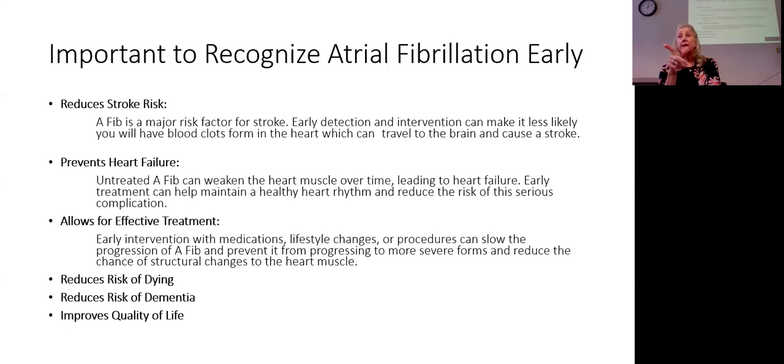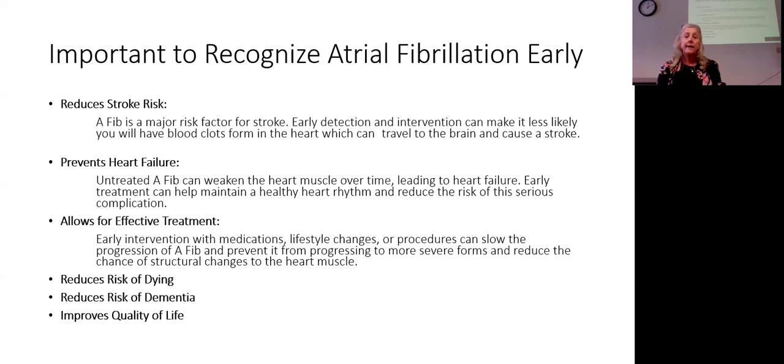That's important to know, because some people don't feel like a fast heartbeat or anything like that. They just feel kind of lousy, right? Have a hard time standing up. It's important to recognize atrial fibrillation early, because if you know early that you have it, then you can get on blood thinners to prevent a stroke.